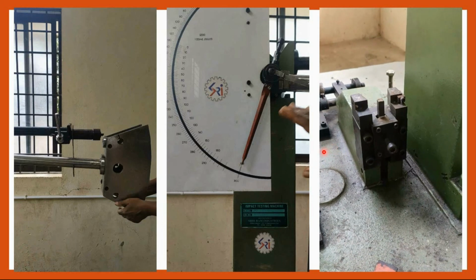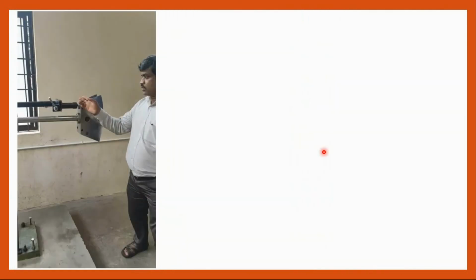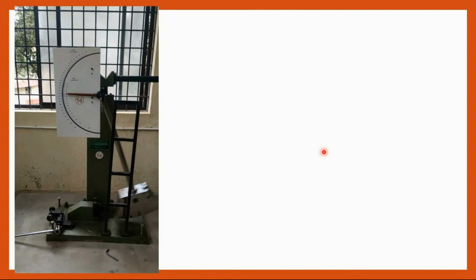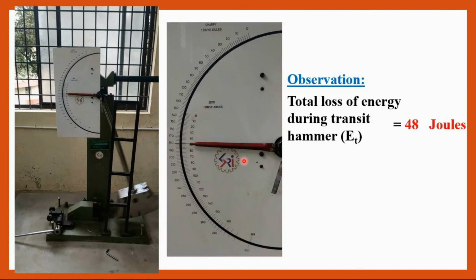After fixing the specimen, we need to remove the lever. Now the hammer strikes the specimen. After the oscillation ends, we need to consider the reading. If I observe the reading, I got here 0, 10, 20, 30, 40, and now 42, 44, 46 and 48. Okay, so the total loss of energy during transit of the hammer is 48 joules.